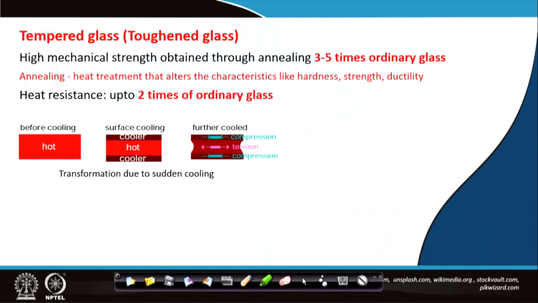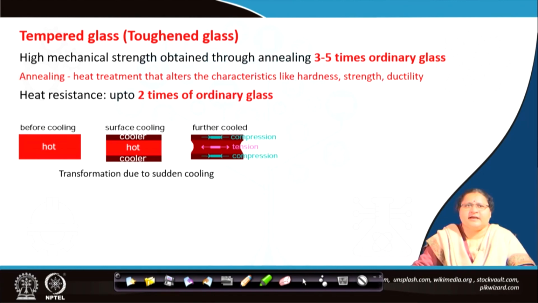Annealing is heating and then cooling very gradually, which will change its hardness, strength as well as ductility. As you can see here, before cooling, it is hot. Immediately when the cooling starts, the surface is getting cooler, but the inside remains still hot.